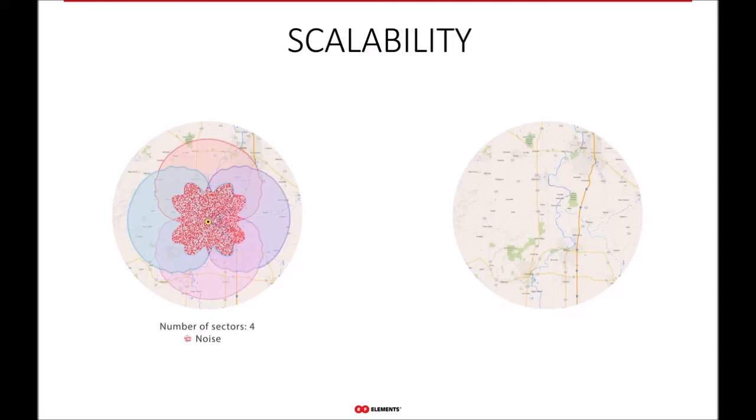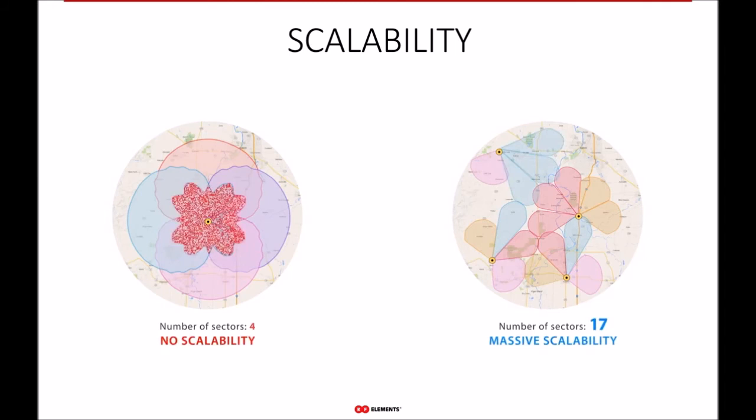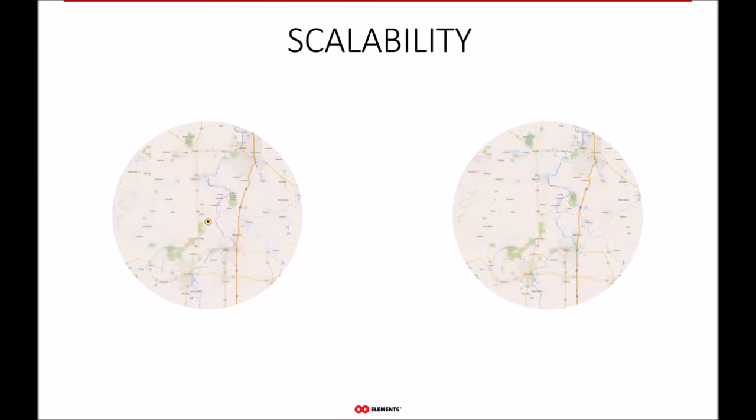You can only grow your network to a certain point where adding one more sector will make your network collapse altogether, meaning that your scalability has a very low limit.